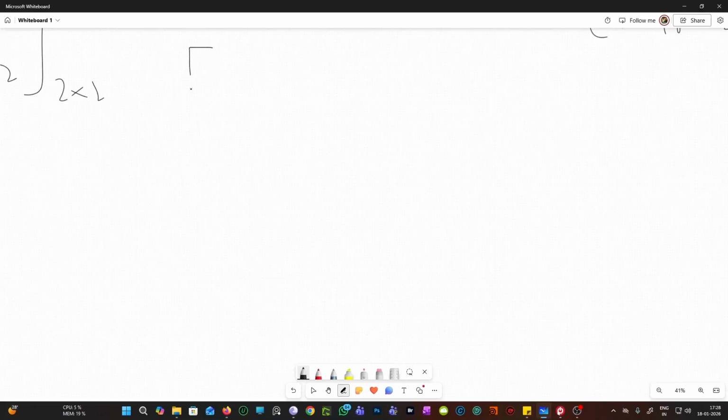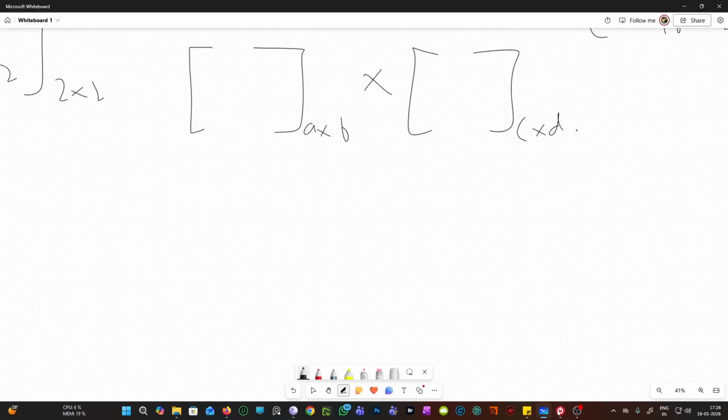Let's say we have a matrix with the order of A cross B multiplied by a matrix of order C cross D. For a matrix to be multiplied with another matrix, the number of columns in the first matrix needs to be the same as the number of rows in the second matrix. Let me repeat it again.